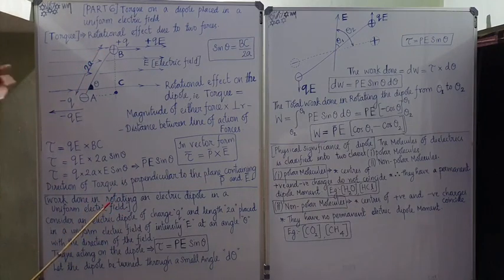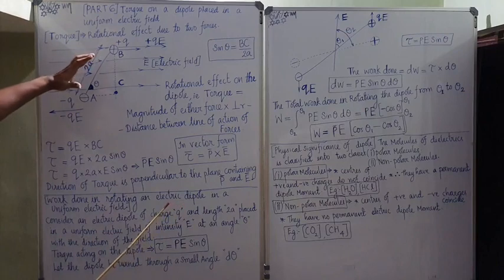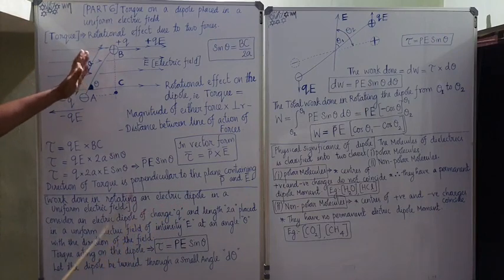Work is the capacity to do, the expenditure of energy, and movement. Work is equal to force per time. So we should calculate the work which is done in rotating the electric dipole in a uniform electric field.